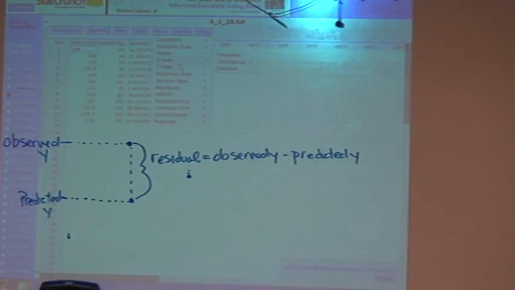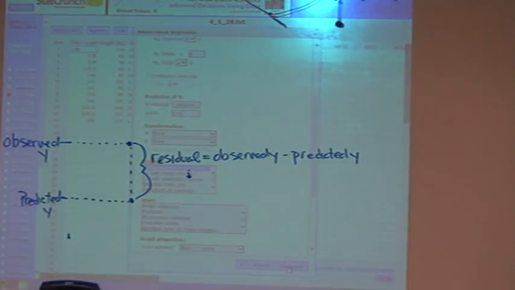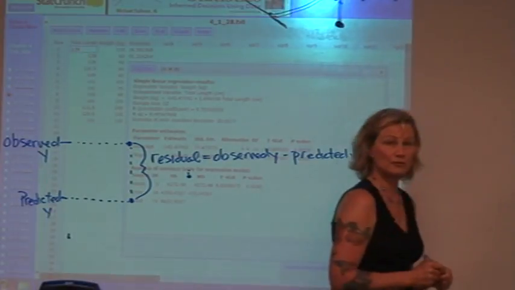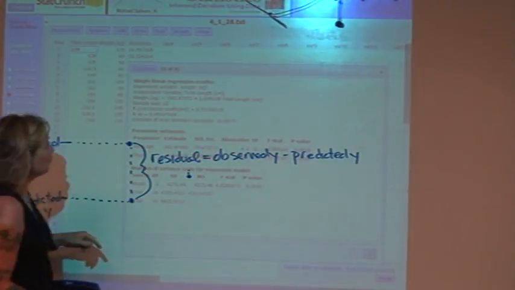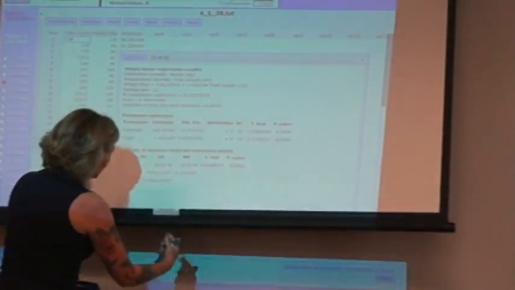And if you were asked to find the overall error, which is given as the sum of the squares of the residuals, the sum of the residuals squared, or the overall error, all the error, it's given in that regression output.